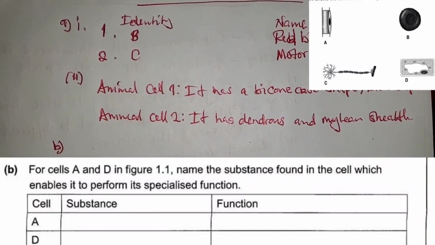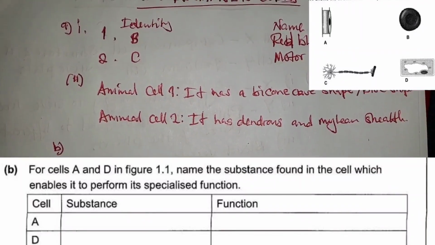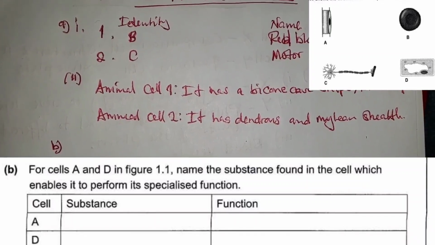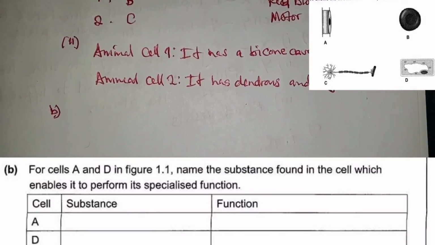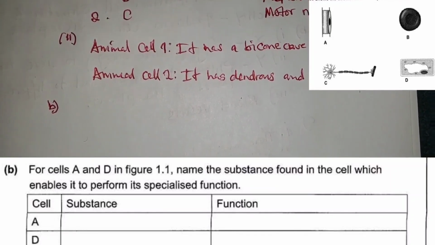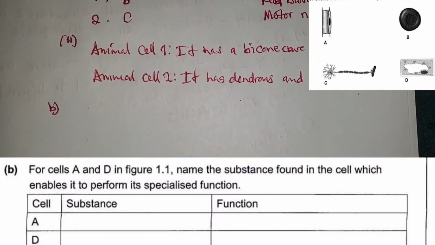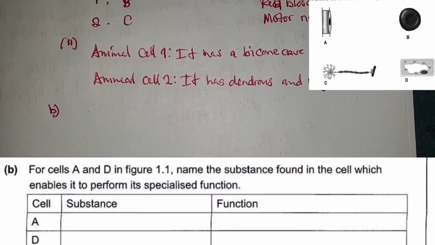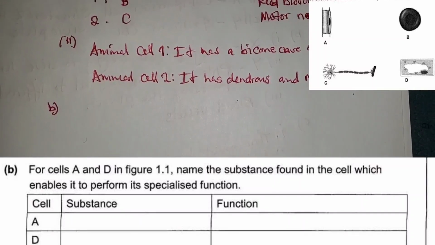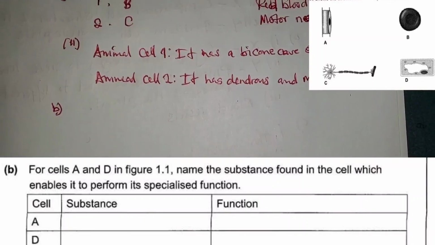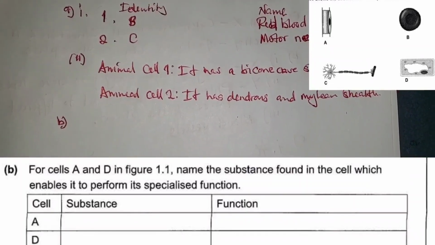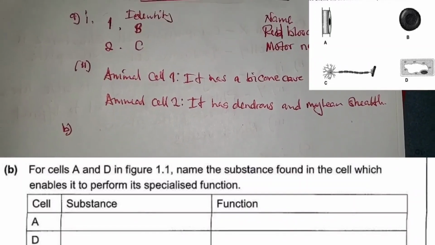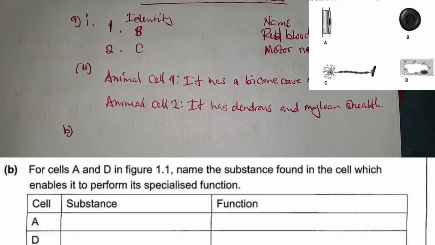Question B: for cells A and D in figure 1.1, name the substance found in the cell which enables it to perform its specialized function. So when you look at cell A, it is a phloem.